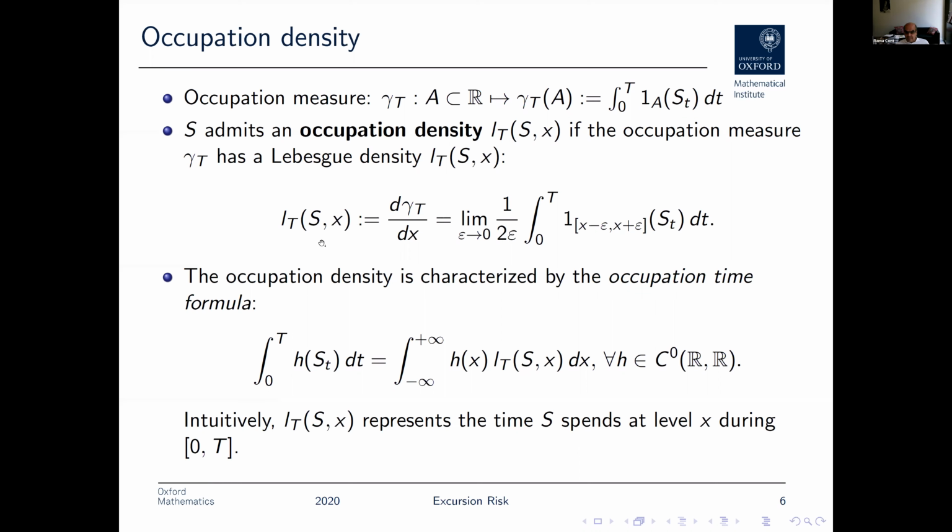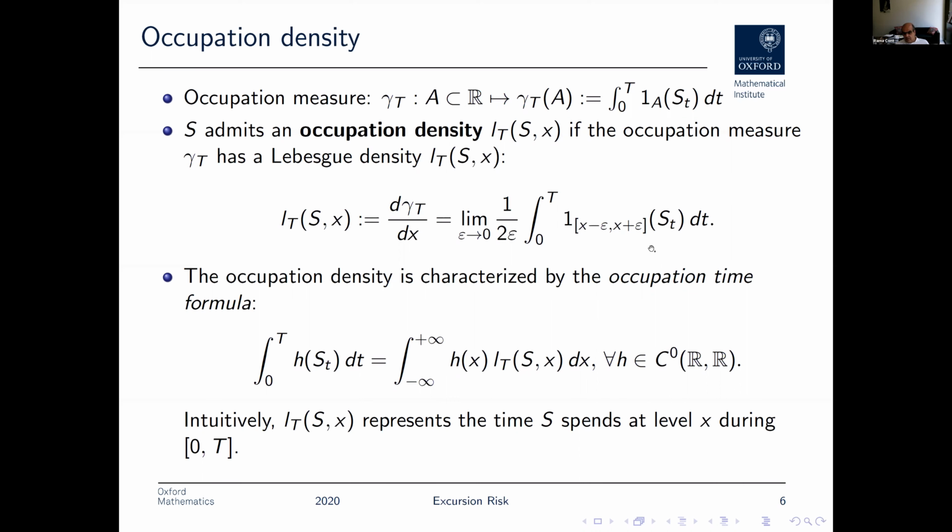Now, this is the density of the occupation measure. You can characterize it, as any density, by the property that if you integrate the density against any measurable function, say a continuous function, then you get back the integral with respect to the occupation measure. This is called the occupation time formula.